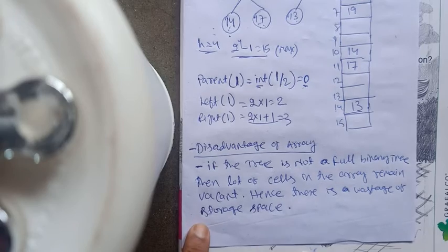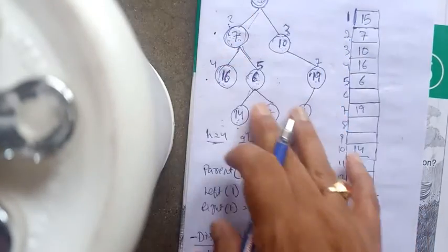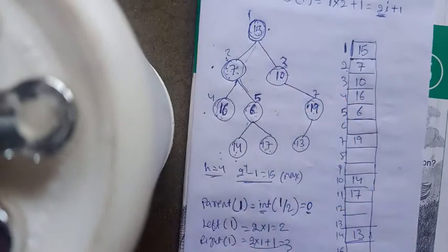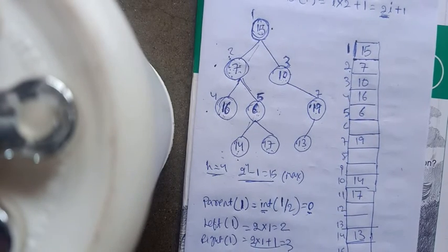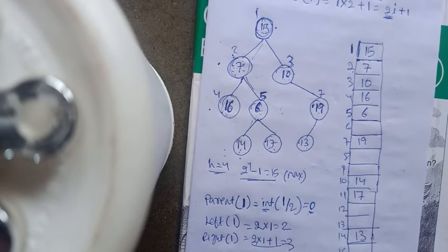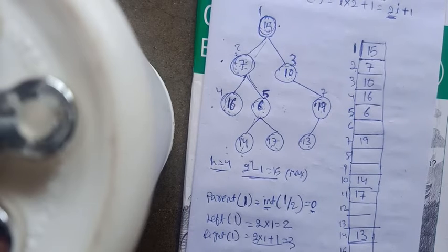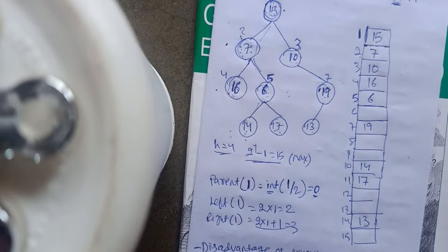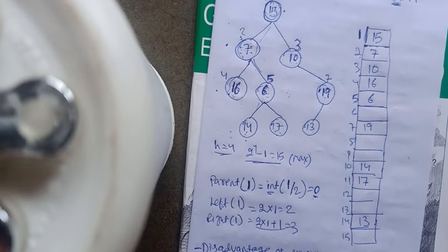Okay. Now if the tree contains elements in such a way that every node has exactly one child, except the leaf node, all other nodes have exactly one child, then the tree becomes skewed. And in such a case, more than 70% of the space will remain vacant.